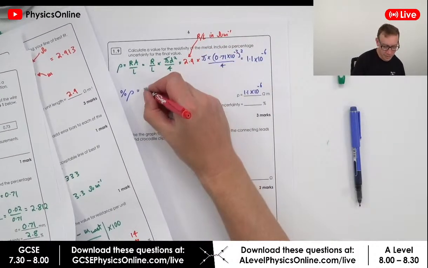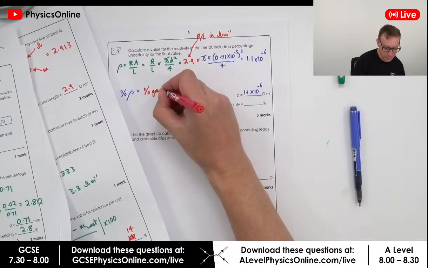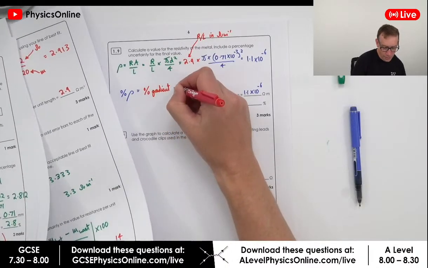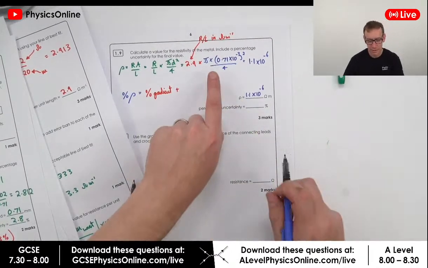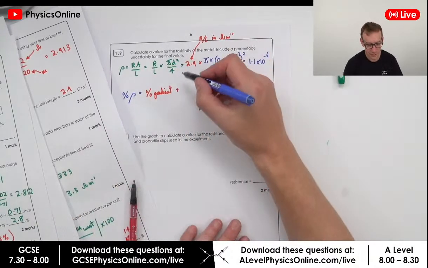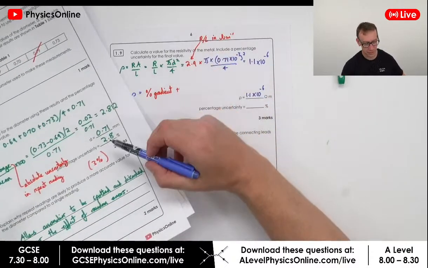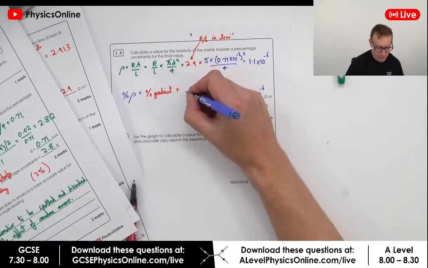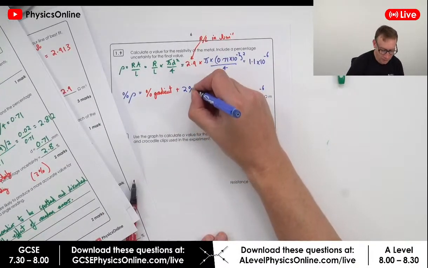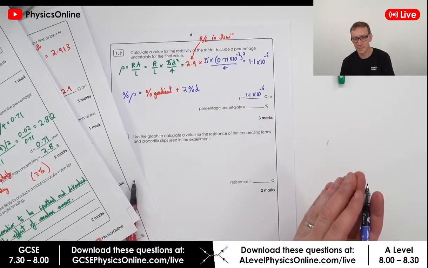So here, the percentage uncertainty in the gradient, and we're going to add that to the percentage uncertainty in the diameter. Okay, now the percentage uncertainty in the diameter was worked out for the first question as 2.8%. And it's going to be 2 times the percentage uncertainty in the diameter, because the diameter is squared.